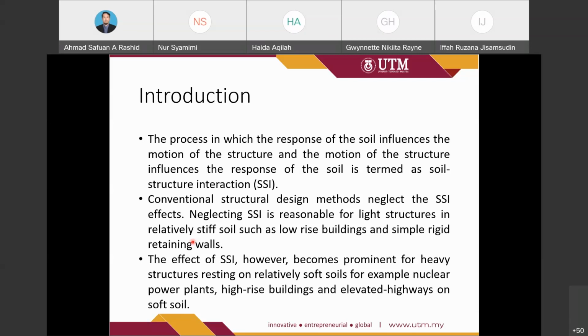When I went to Hokkaido in Japan, I saw a lot of buildings that use a damper system to reduce the effect of the earthquake.